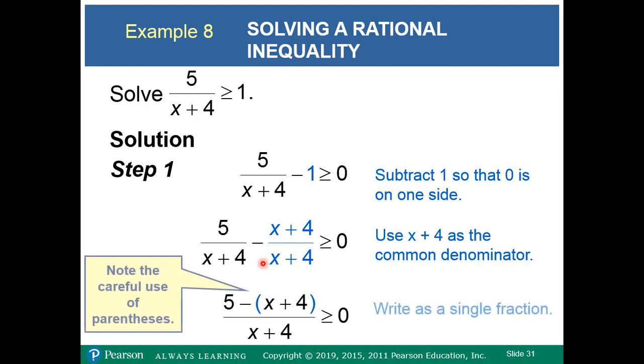Remember, we're subtracting this entire thing, not just the x. So put the parentheses around there so it helps you not to make a mistake, and it reminds you that you have to distribute the negative sign to both of these.